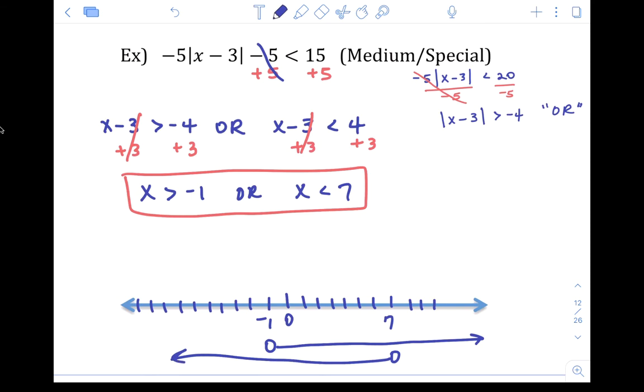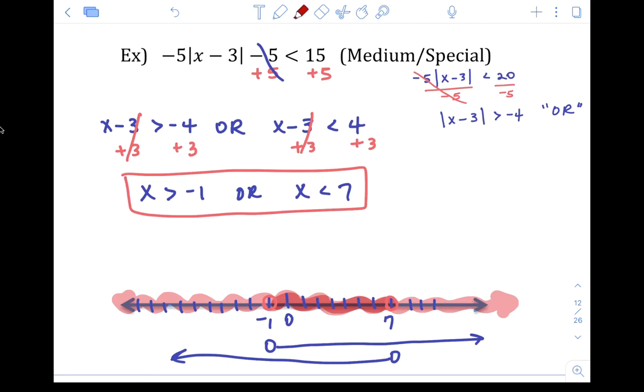Because with an "or", whatever happens, happens. When you actually put this on a number line, even if you start the negative 1 with the open circle like it should have, and the 7 with its open circle, when you shade to the right for negative 1, it's going to fill in the circle at 7. The same is true for the open circle at 7 going to the left; it ends up shading right over that negative 1.